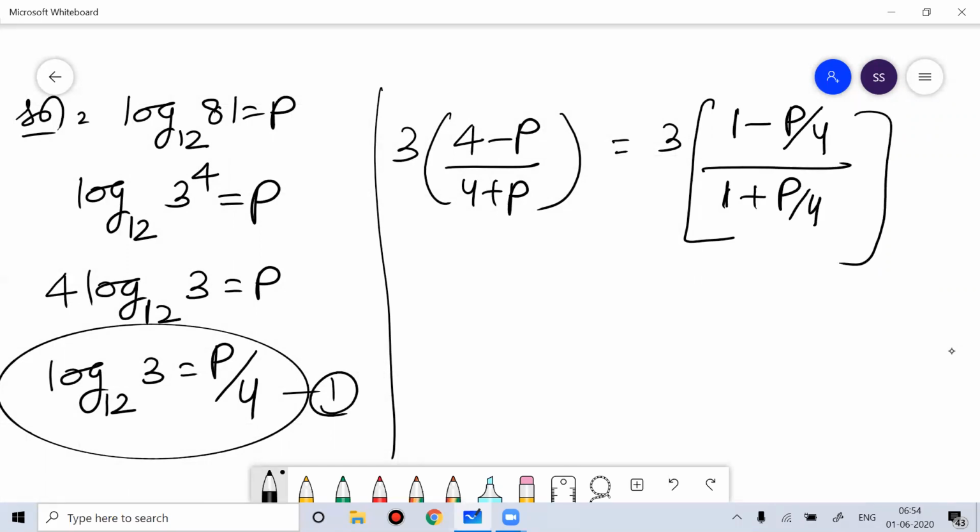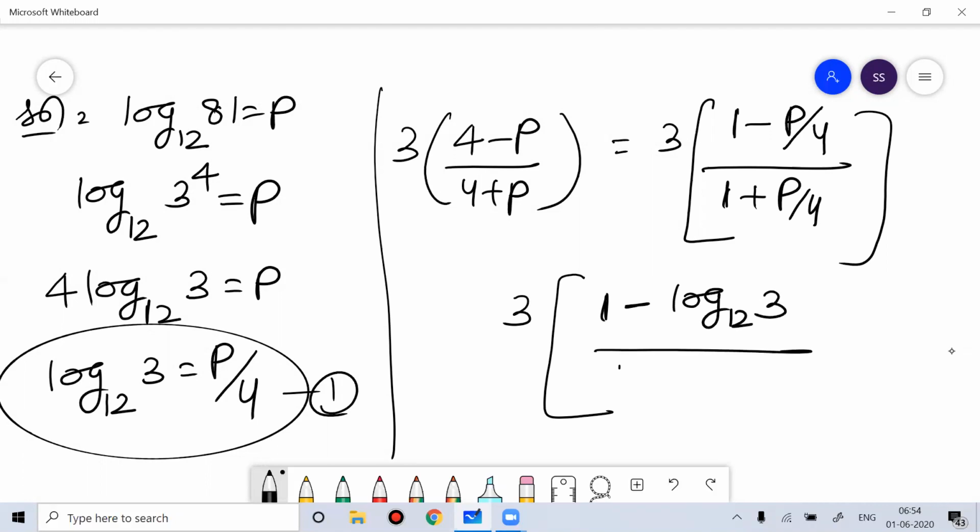You can substitute the value of p as 4 log base 12 of 3. So this will become (1 minus log base 12 of 3) divided by (1 plus log base 12 of 3).